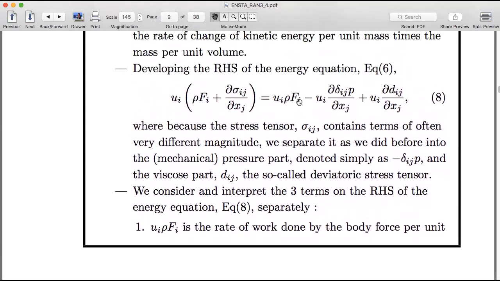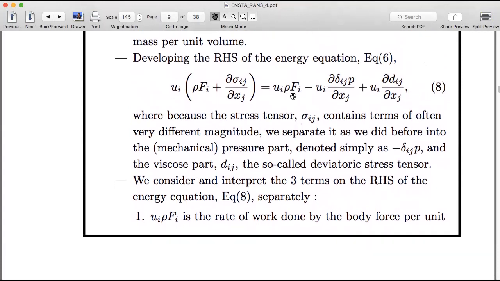So, well, force per unit mass times mass per unit volume gives force per unit volume. And then this is the velocity in that direction, right? Because we're taking the same component of the vector here, the ith component here, and we're summing over those 3 components.